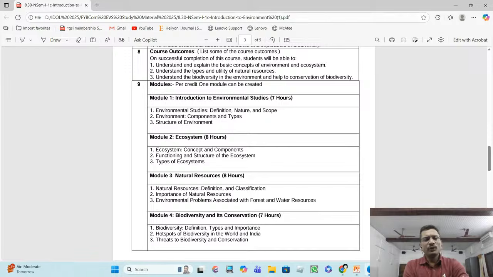The second module is dedicated to ecosystem, wherein we will be beginning our lecture with what is ecosphere, what is ecology, and what is ecosystem.